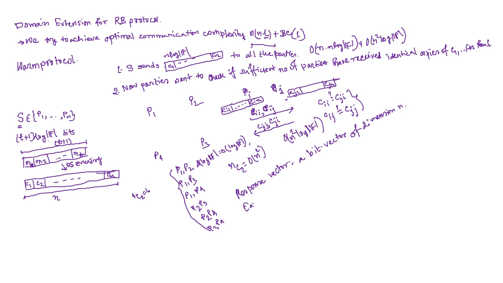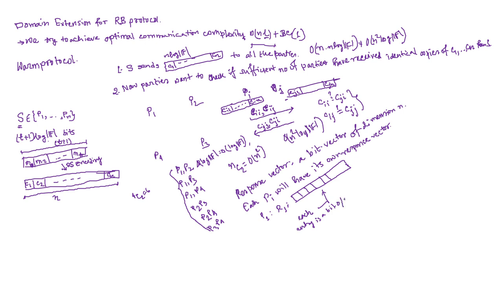So each Pi will have its own response vector. Let's say party 1's response vector is r1, and r1 is nothing but a vector of dimension n, where each entry is a bit, 0 or 1.